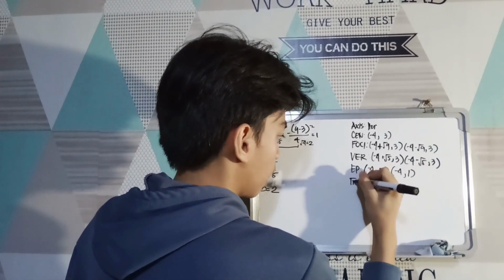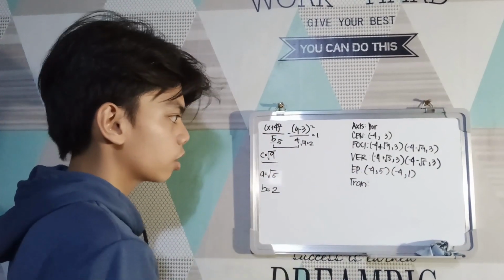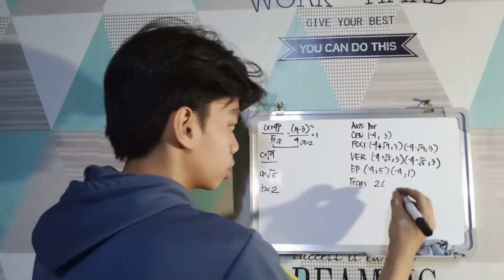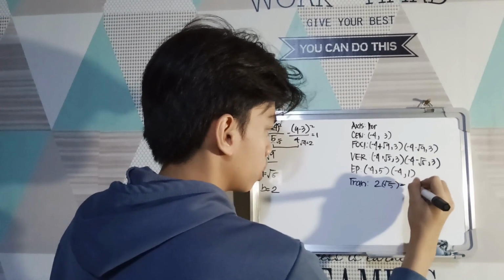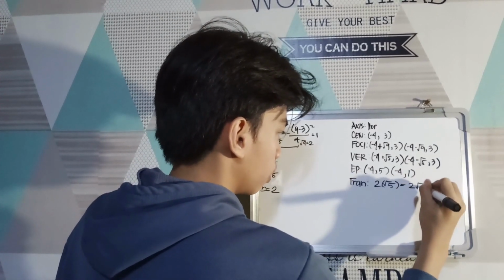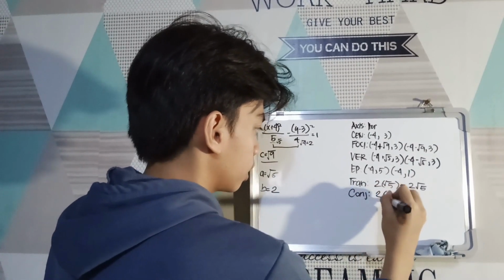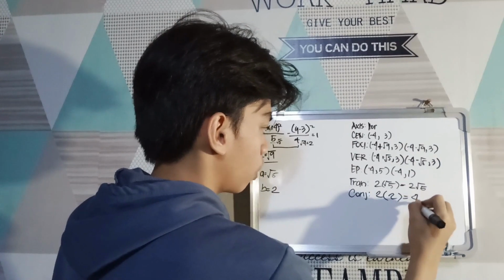So, ang transverse axis naman sa horizontal is 2 times a. So, ang a natin is square root of 5. Equals nyan is 2 square root of 5. Conjugate naman natin is 2 times b, which is 2. So 2 times 2, 4.